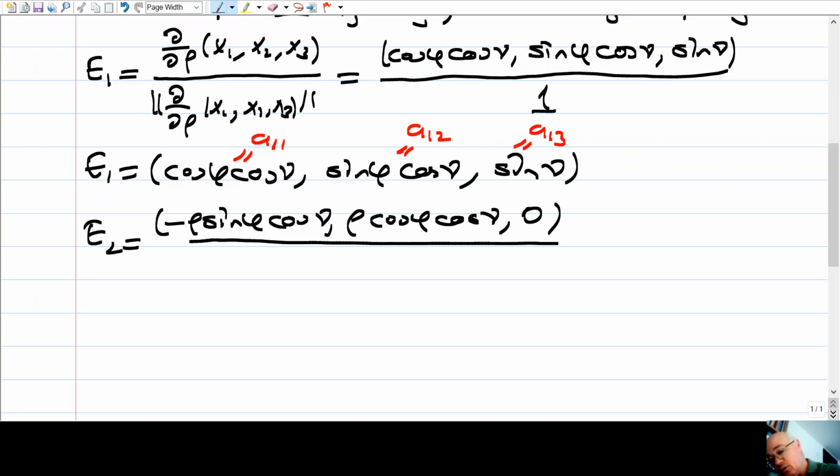Then divide by the norm of this. What is the norm? Square of this plus square of this; sine squared plus cosine squared gives me 1, and then add them up and I'll get this. So when you divide with this, we get E2.